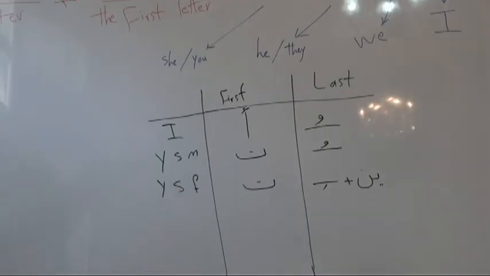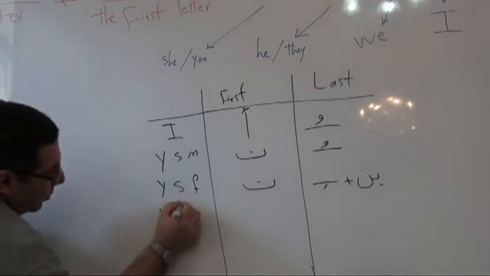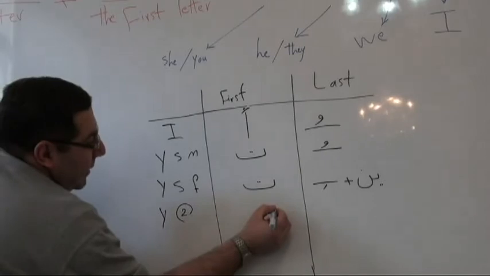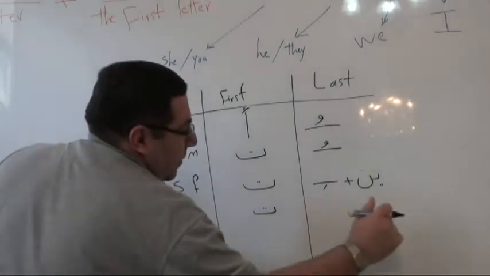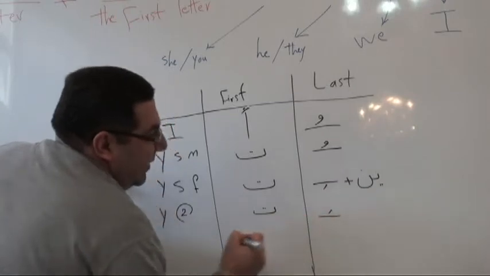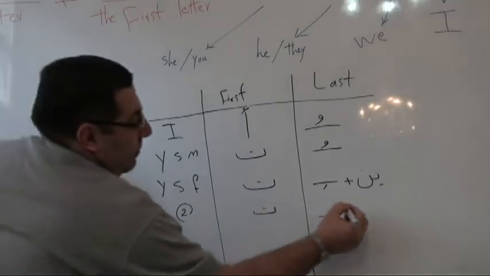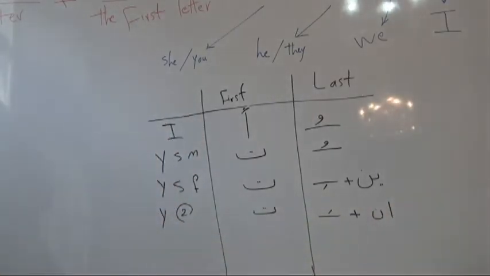等一下举例就会比较清楚。You two: ta at the beginning of the word, plus fatha over the last letter, plus alif and noon.